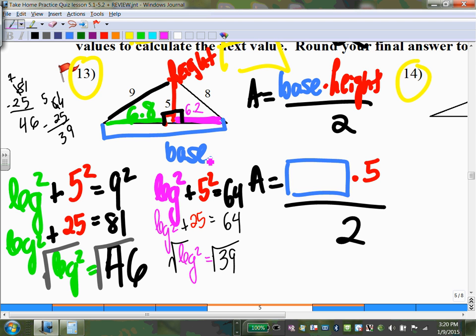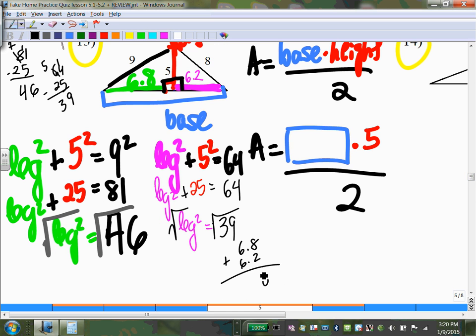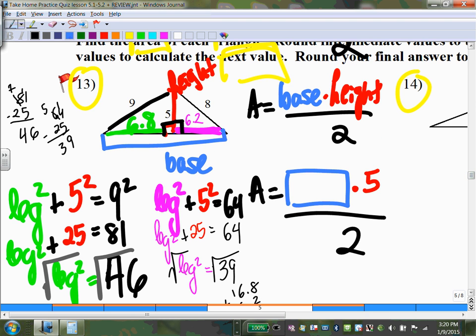Now to get our base, we're simply going to add 6.8 plus 6.2. And you should get 13. All right, so that means our base is 13. Now we plug it here, 13.